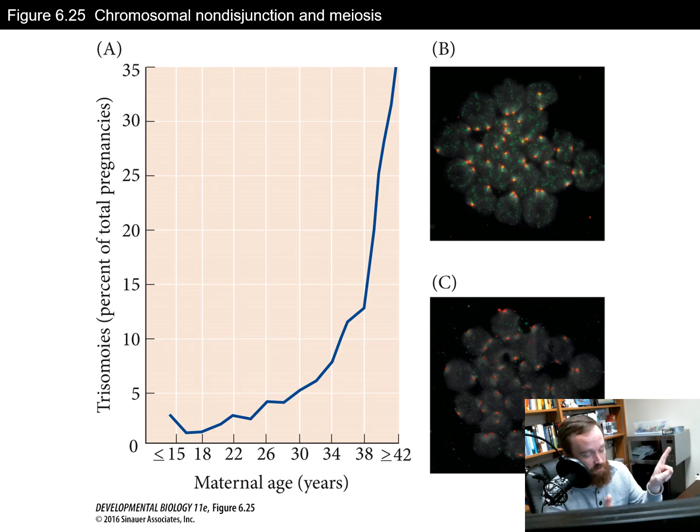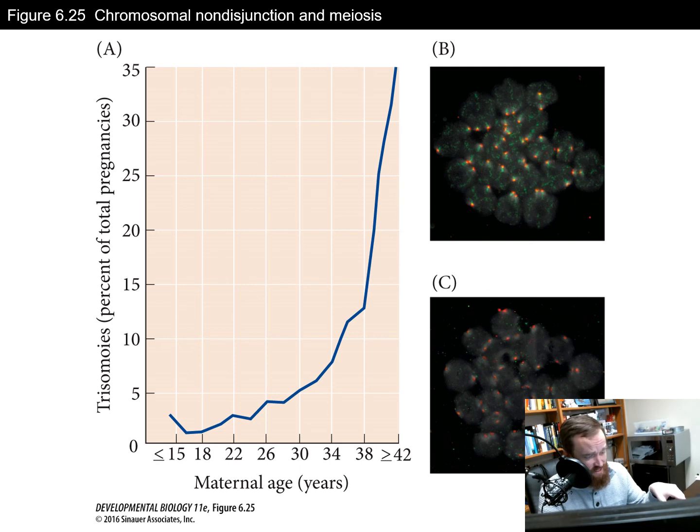And so it messes with the pairing and pulling apart of the chromosomes during meiosis. Because the amount of this molecule goes down with age, you end up with a higher percentage of babies that are born with trisomies.